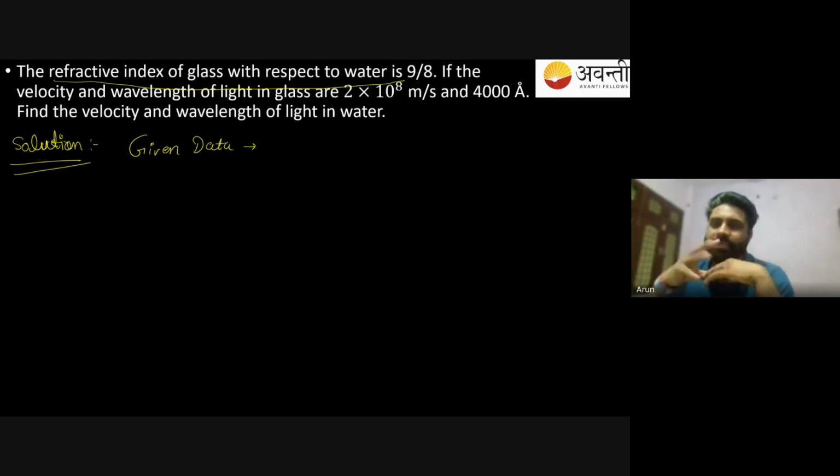Look, when you measure the refractive index with respect to air, then the refractive index is termed as the absolute one. But if you leave out air and measure the refractive index with respect to any other medium, okay?